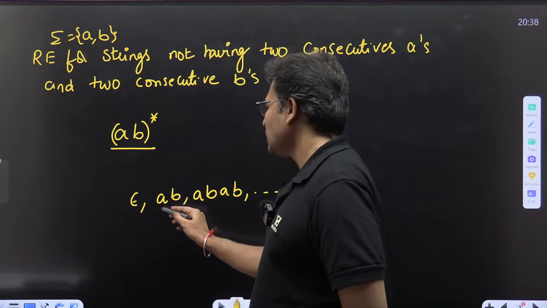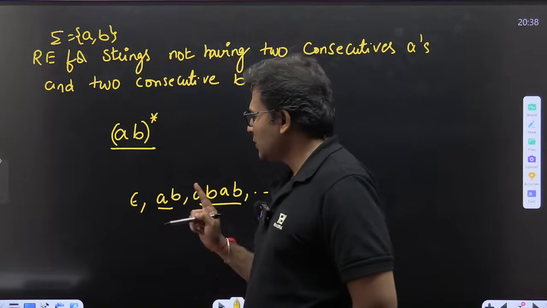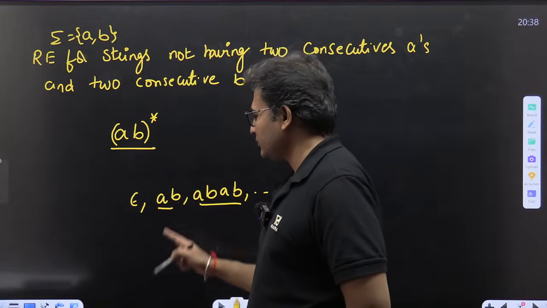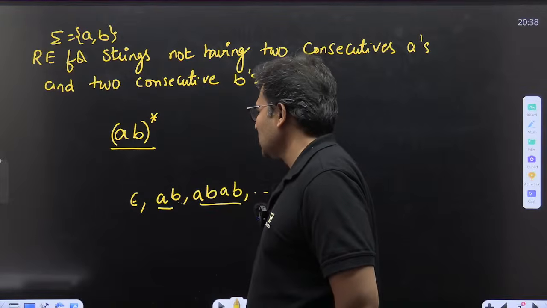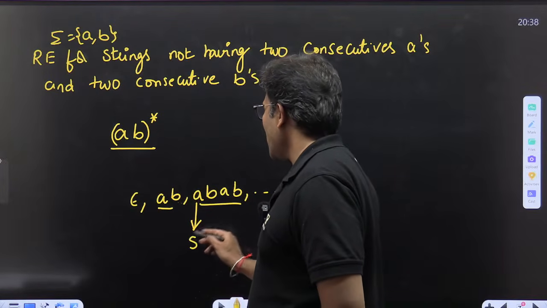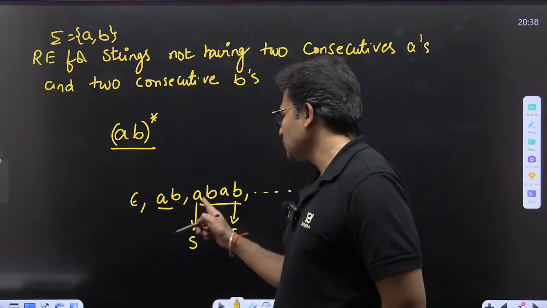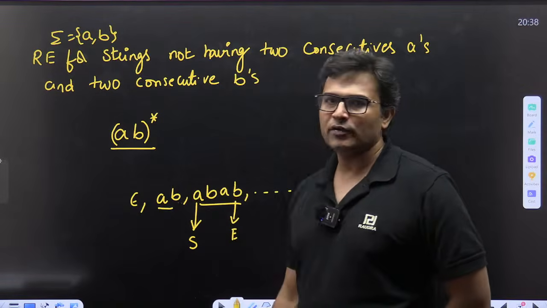This gives me alternating A's and B's. That's okay. But what is the problem with this? The problem is that the strings are always starting with A and ending with B, right?